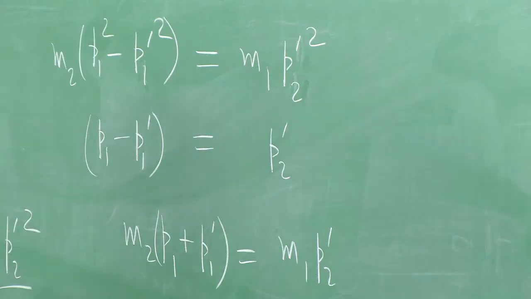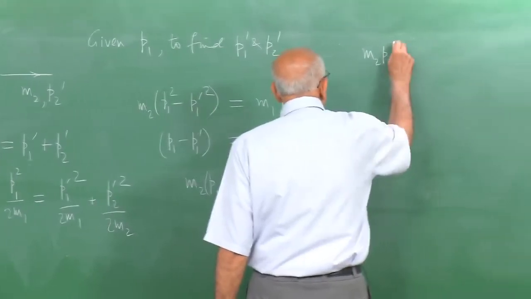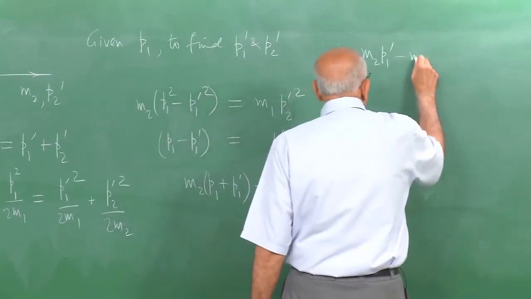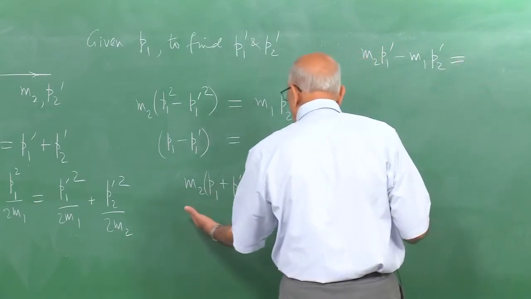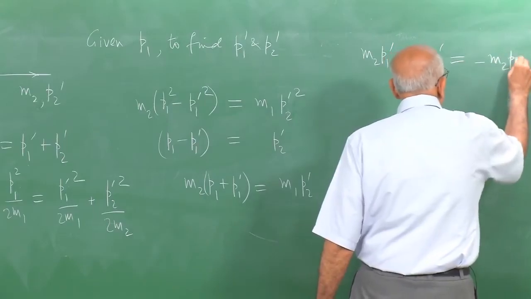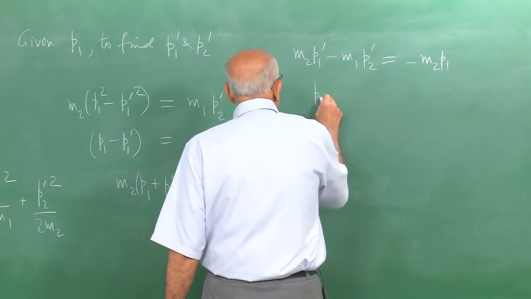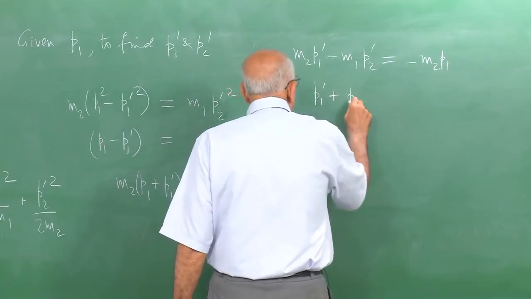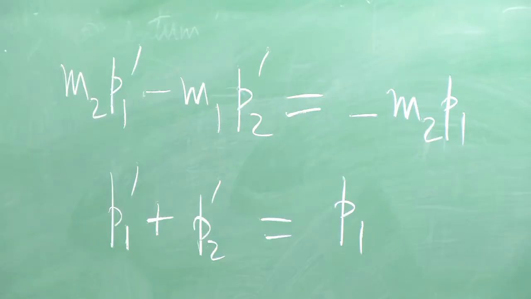We have made them linear equations now, and one of them is m2 p1 prime minus m1 p2 prime is equal to, taking this across, minus m2 p1. And we also have the original equation, which is p1 prime plus p2 prime equal to p1 on the right hand side.